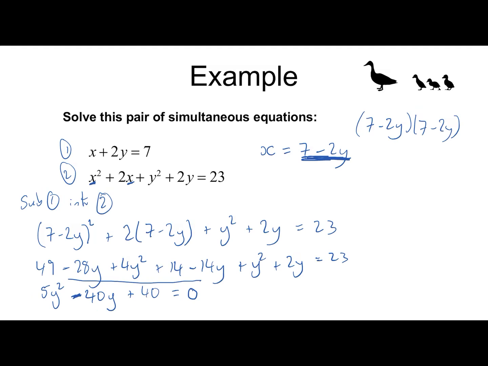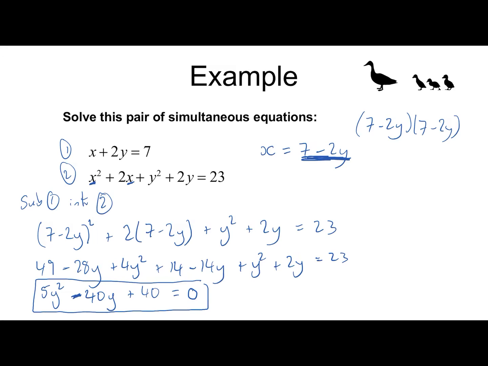Okay. Now what we need to do is solve this equation. There are a few ways that I taught you to solve it. One is factorization. Another is the formula. Another is graphing. And another is just using the equation solver in your calculator.